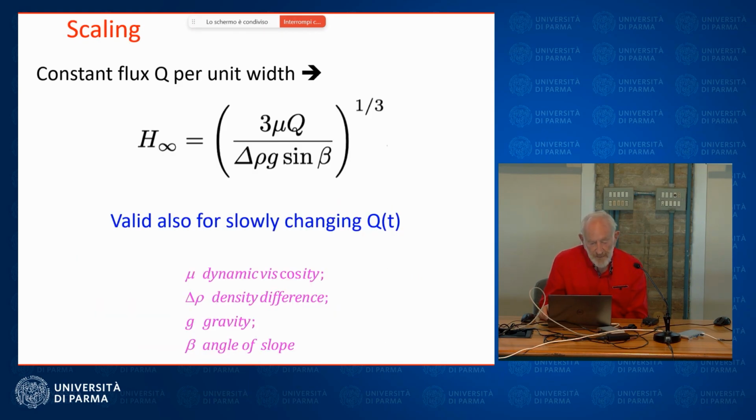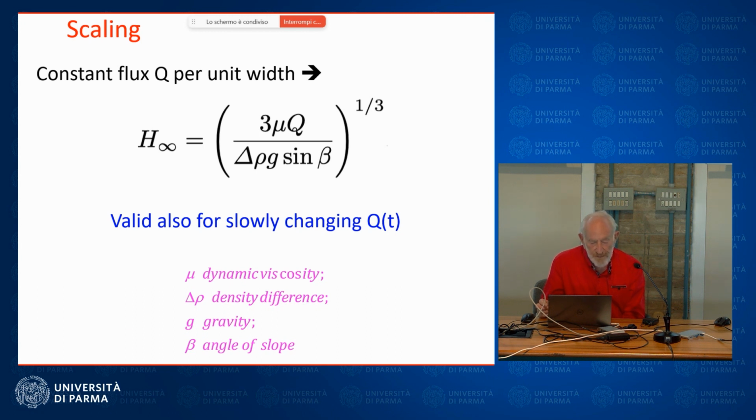Now, to get some scaling, if you have a constant flux per unit width, then the thickness of the flow is given by this expression involving the flux Q, the dynamic viscosity mu, the difference in density between the lava and the air on top of it, but basically that's just the density of the lava, gravity, and the sine of the angle of the topography.